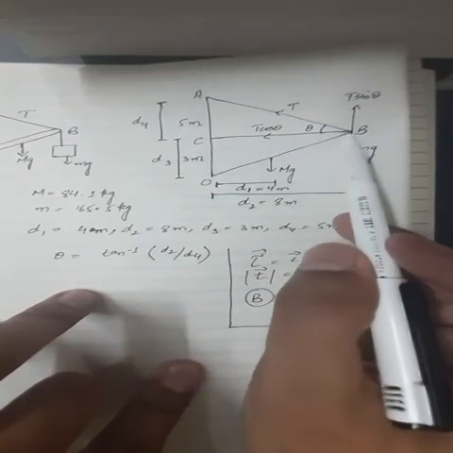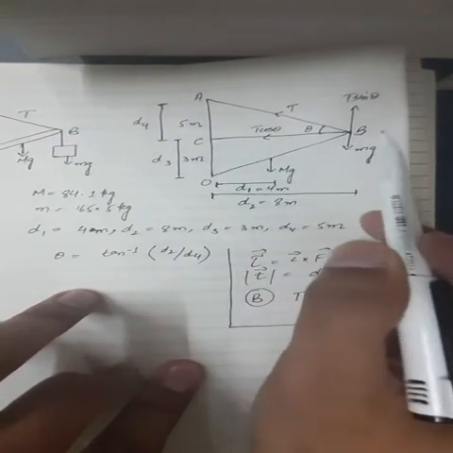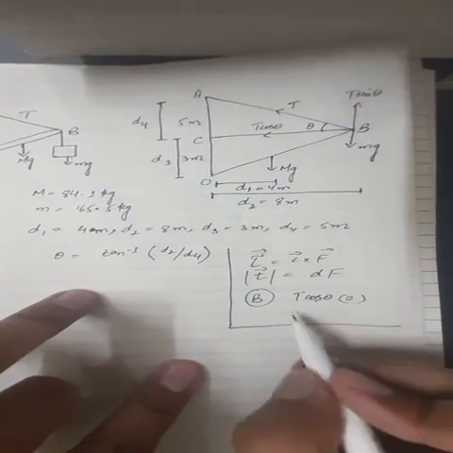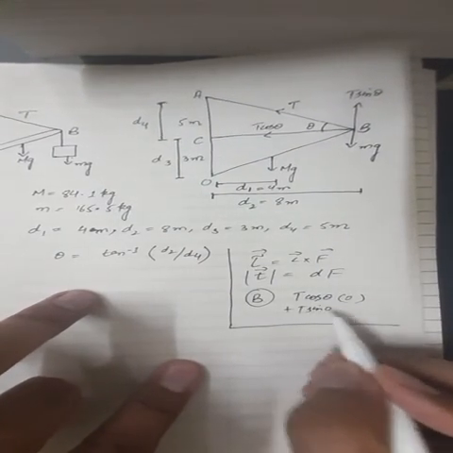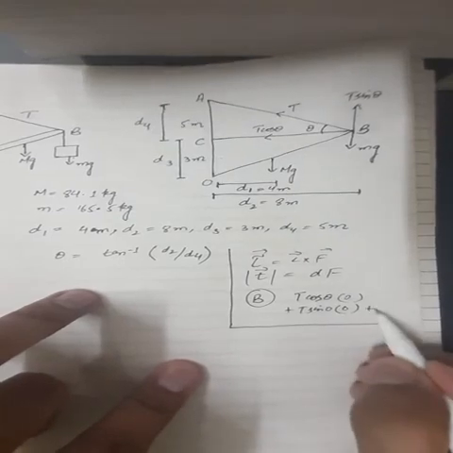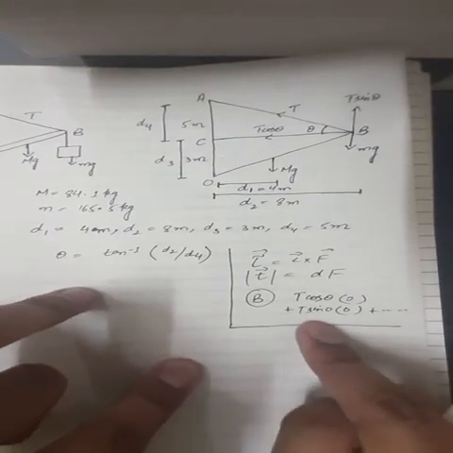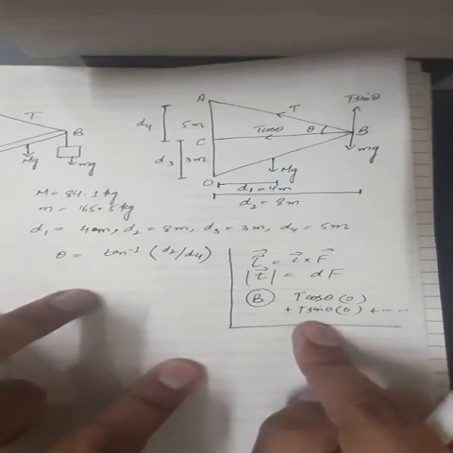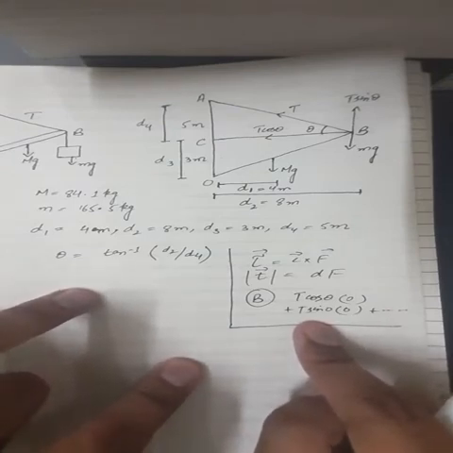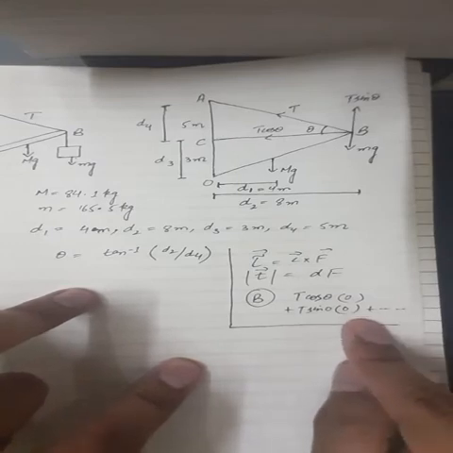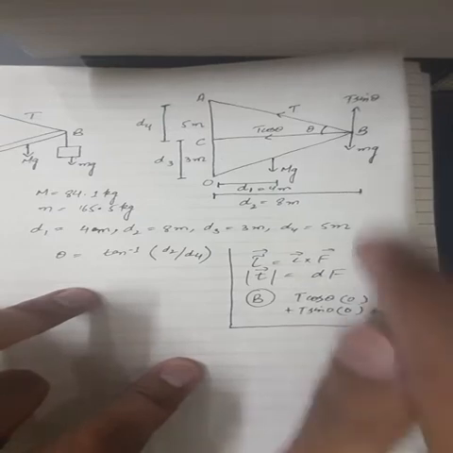What's the perpendicular distance from this line to the point B? 0. Similarly, for T sine theta, you get 0, and so on and so on. Now, these two are the terms which have all the information about the tension. And since we want to find the tension, these zeros will nullify that information, and we are left with nothing.